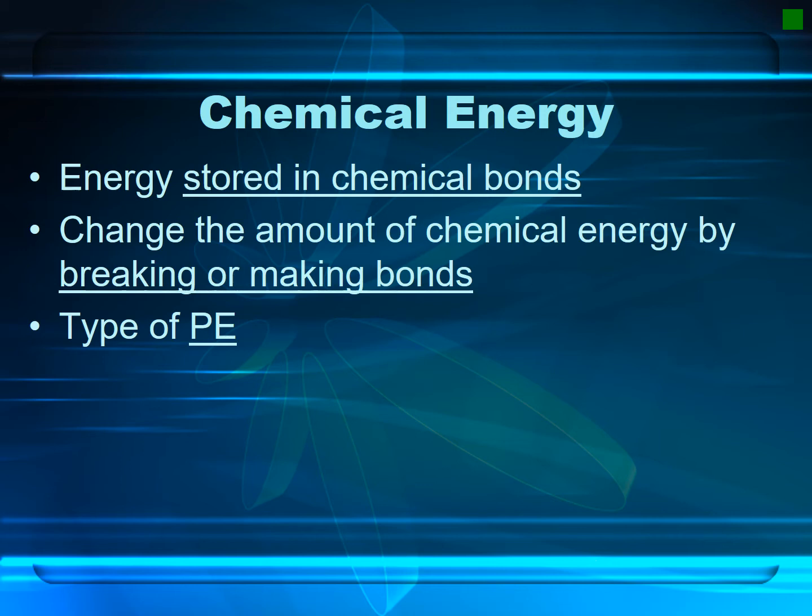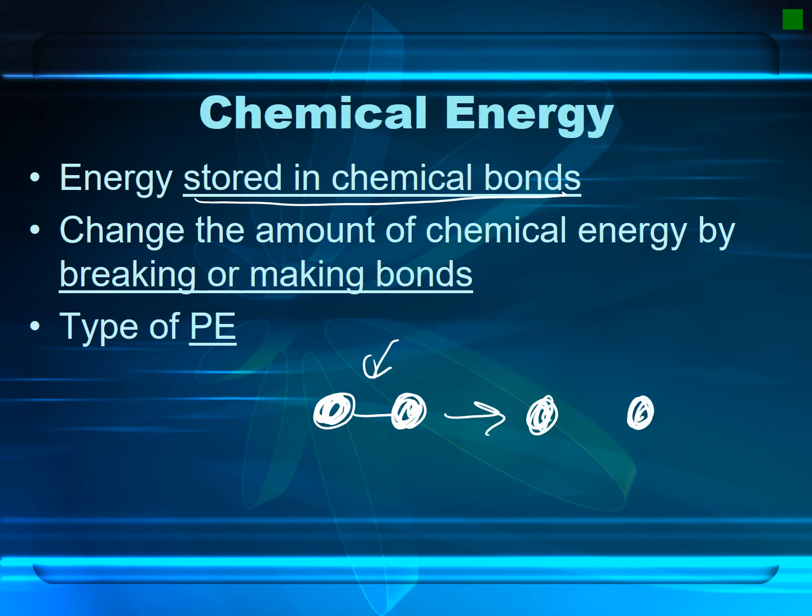Chemical energy is stored in the chemical bonds. I change the amount of chemical energy by making or breaking bonds. For example, if I have this compound, here's an atom attached to another atom. If I break that bond into this and this, that would release or add chemical energy.